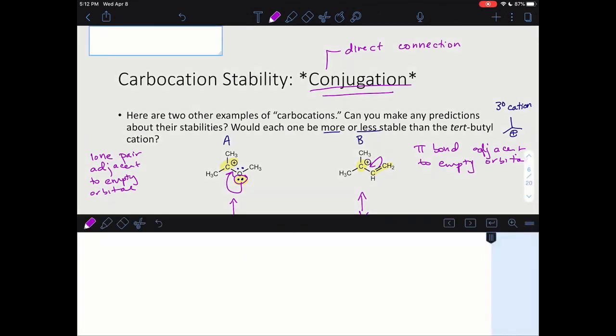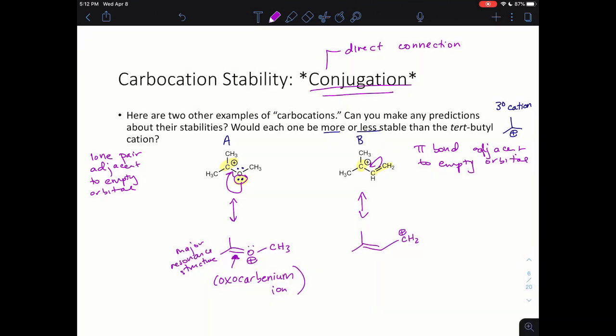Whereas for B, we have sharing of these pi electrons in a resonance structure as well. So A and B have conjugation, direct connection. They have what's called an extended pi system, or pi systems. Let's not get too complicated here. Pi systems or pi bonds spread out electrons and charge in this case.